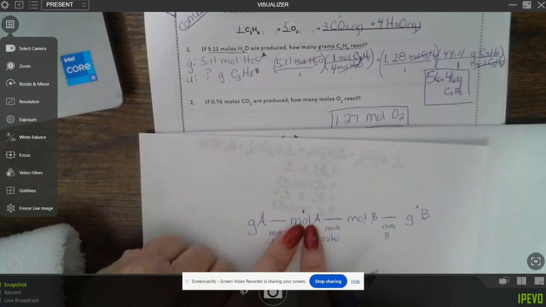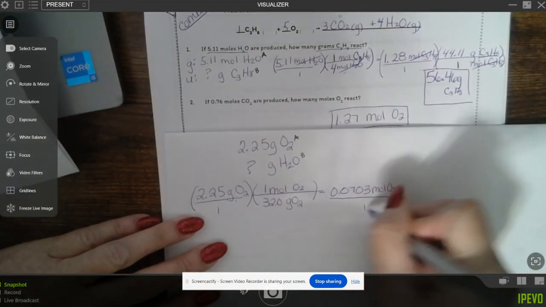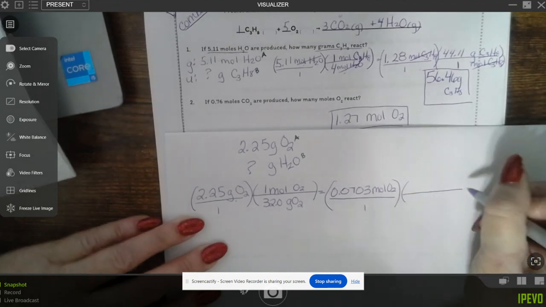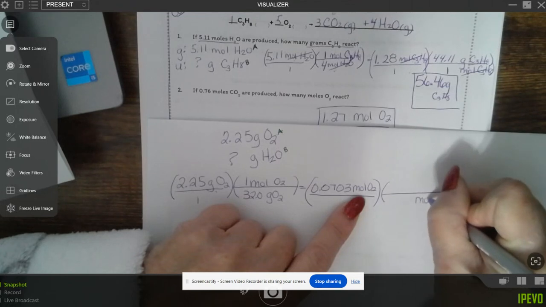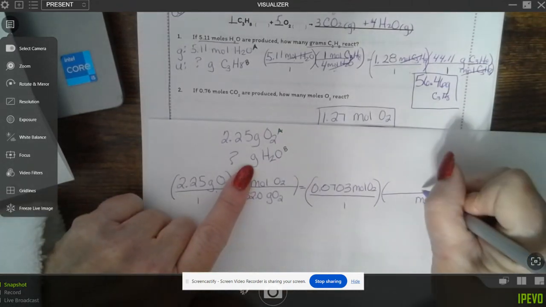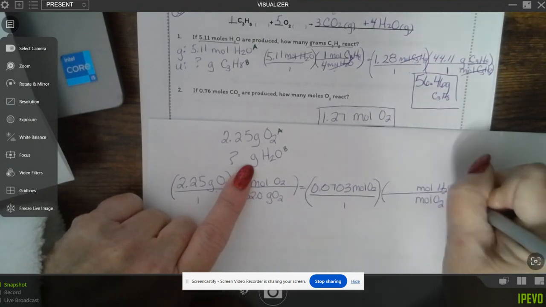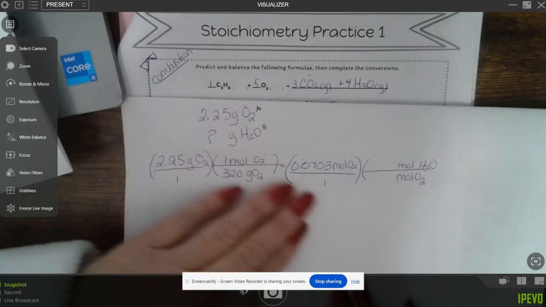Step 2, we're going to go from moles of A to moles of B using the mole ratio. All right, so this is moles of A. I know, since I have moles of O2 here, moles of O2 goes here. That's moles of A. And then moles of B is going to go on top. So moles of H2O.